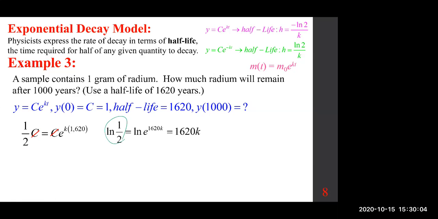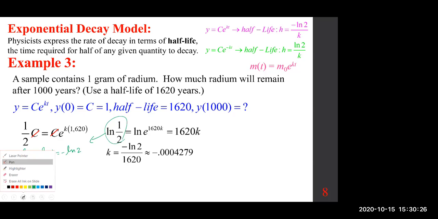What is this one? ln1 is 0, so negative ln2 divided by 1620. So notice what happened. We kept the formula with the positive k. The process will give us the negative we are looking for: minus ln2 over 1620.